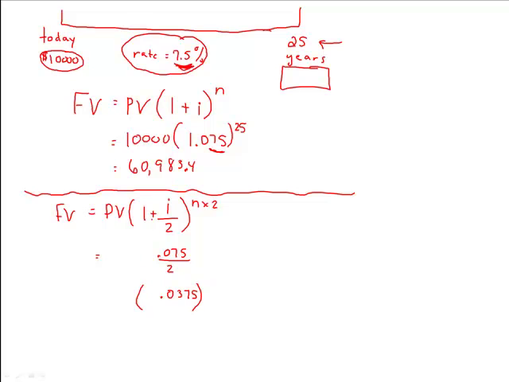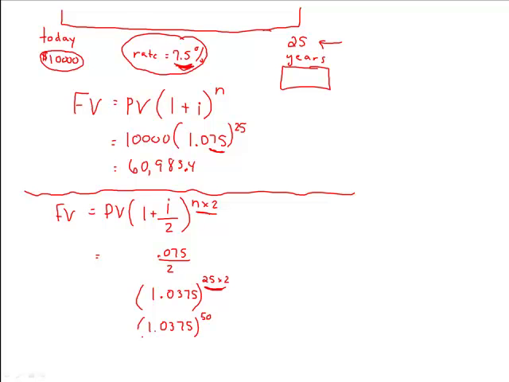So take 1 plus that rate of 3.75% or 0.0375 to get 1.0375. Raise it to n of 25 times 2, so there are 50 6-month time periods in 25 years.